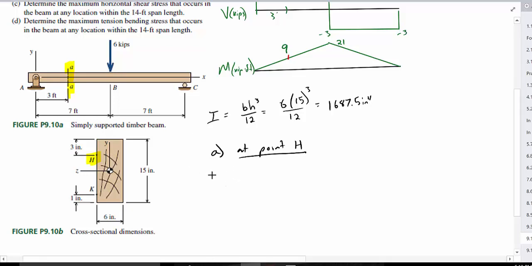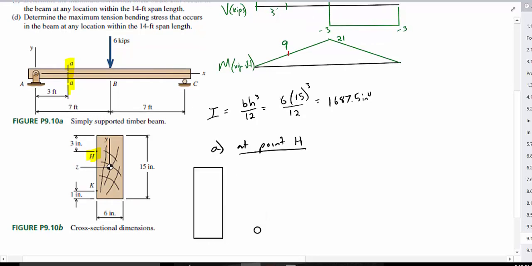If we redraw this here, point H is here. This distance is 3 inches. Our centroid is here, and this total distance from here to here is 15 divided by 2, which is 7.5. So this distance here is 6 inches.